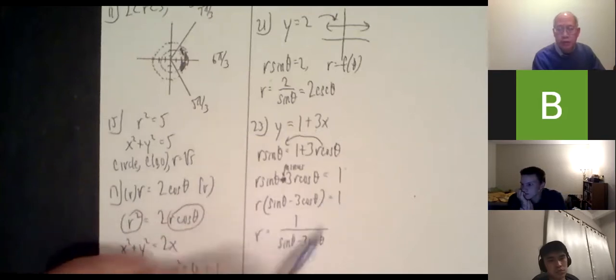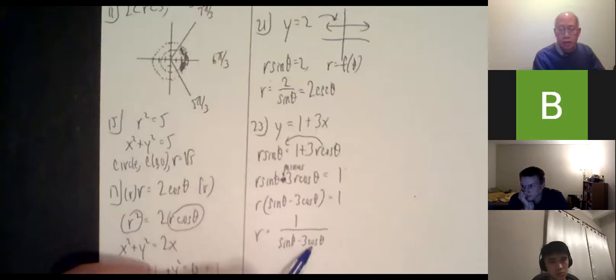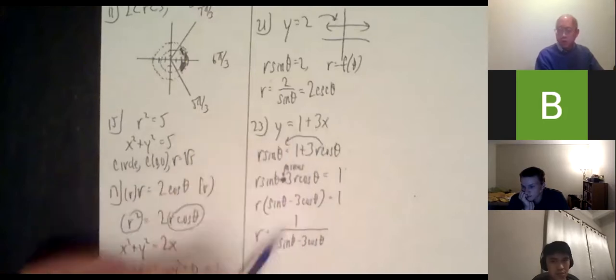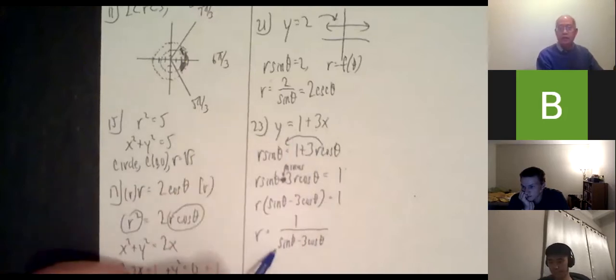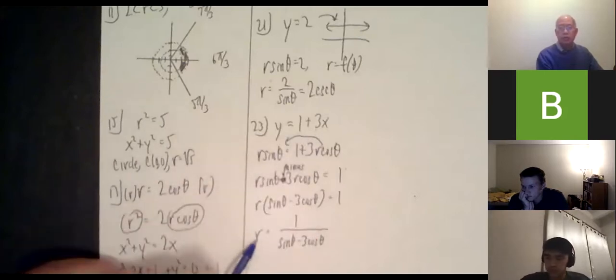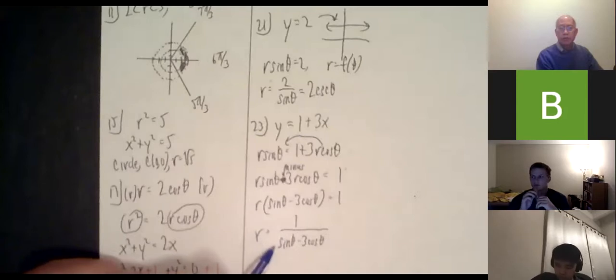And just divide both sides by that. So r equals 1 over (sine theta minus 3 cosine theta). Okay, so in polar coordinates, this crazy thing is the same as that. So this is a straight line. I know it doesn't look like it, but it is. Okay, so y equals 1 plus 3x. In polar coordinates, r equals 1 over (sine theta minus 3 cosine theta).